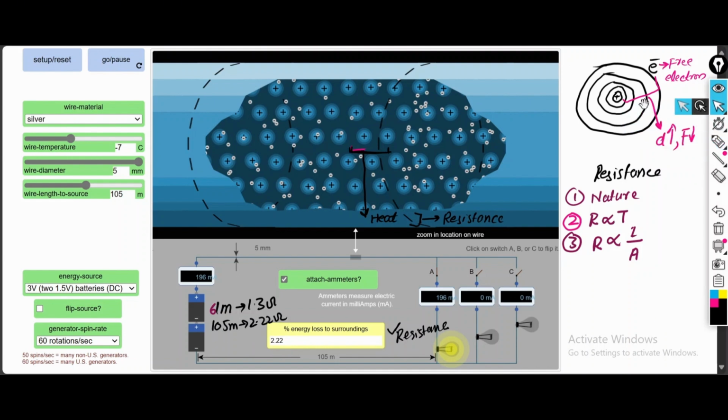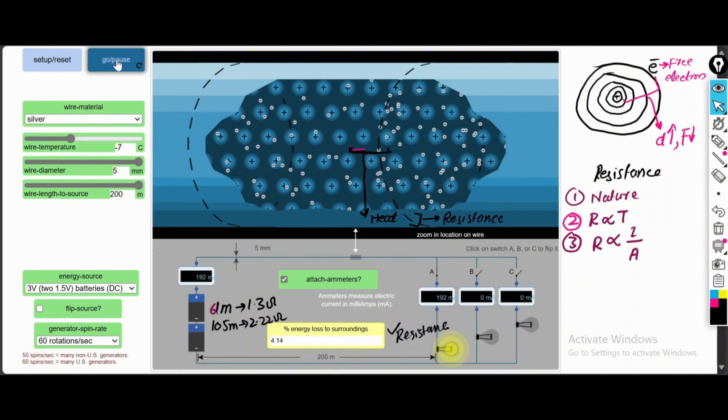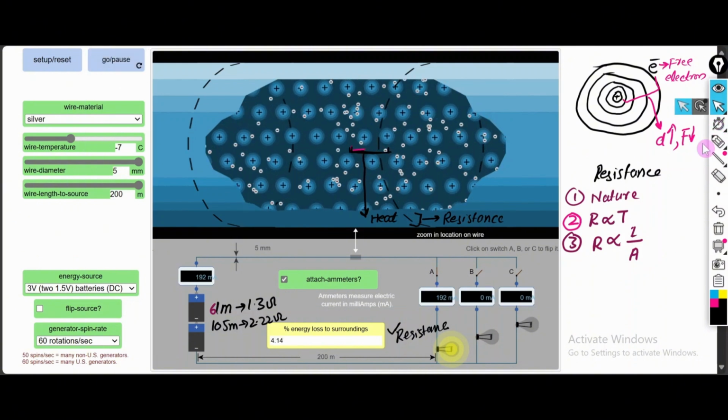And taking the other wire, if it becomes 200 meter, for 200 meter the resistance becomes 4.14 ohm.